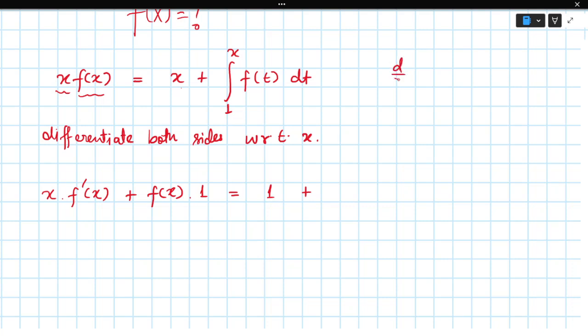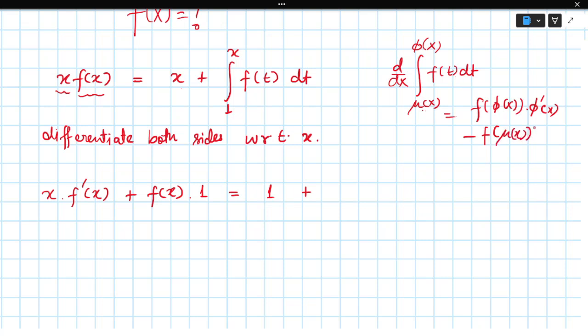The derivative of the integral from mu(x) to phi(x) of f(t) dt is given by: substitute phi in the function and differentiate phi with respect to x, minus, in a similar manner, put the lower limit inside the function f and differentiate the lower limit.